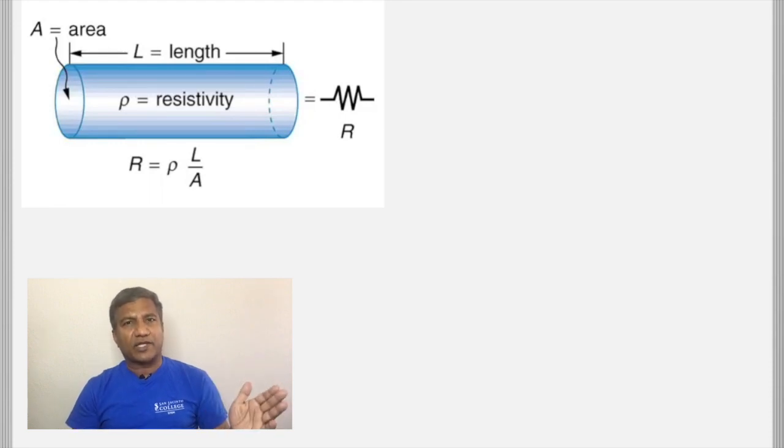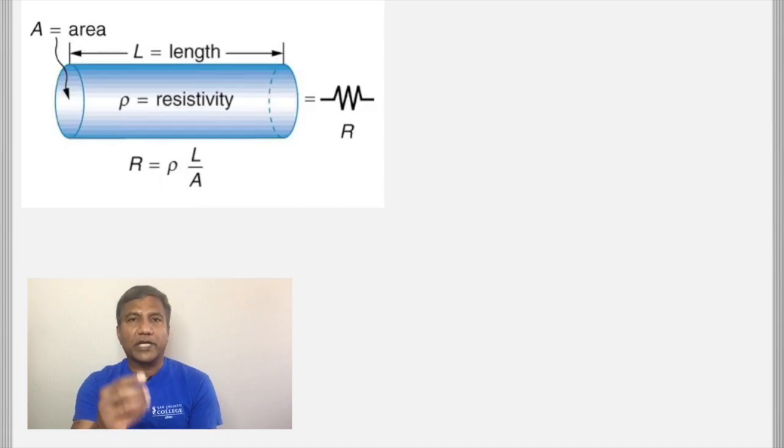And the fourth factor that we will not look at now, on which resistance depends, is the temperature. So we will look at that separately. For now, let's assume that the temperatures are constant. If that's the case, resistance depends on these three factors: the material, the length, and the area. And as you can see here, this symbol, which represents resistivity, it's rho in Greek.